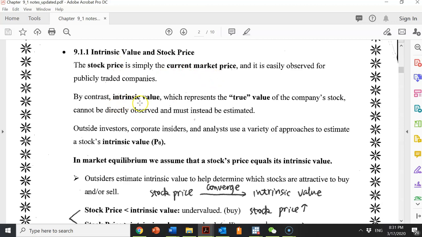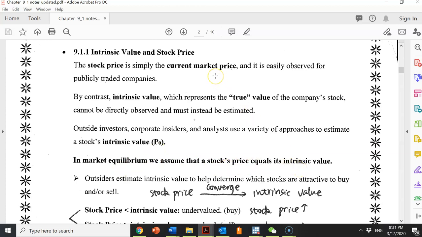By contrast, intrinsic value, which represents the true value of the company's stock, cannot be directly observed and must instead be estimated. Outside investors, corporate insiders, and analysts use a variety of approaches to estimate a stock's intrinsic value, P0. In market equilibrium, we assume that stock price equals its intrinsic value.